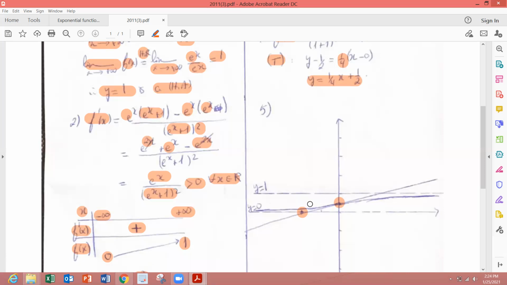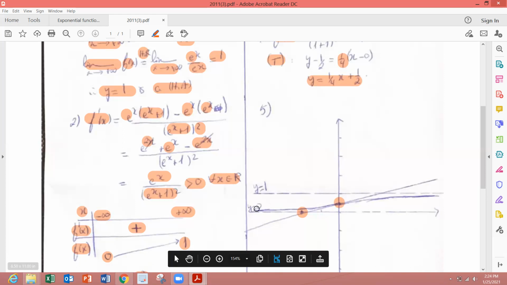Always the tangent at the point of inflection is tangent from the two sides, meaning the line is tangent to the curve from above and from below. Let me show you here, for example, on the minus side: as x goes to minus infinity, y goes to 0, we have a horizontal asymptote.